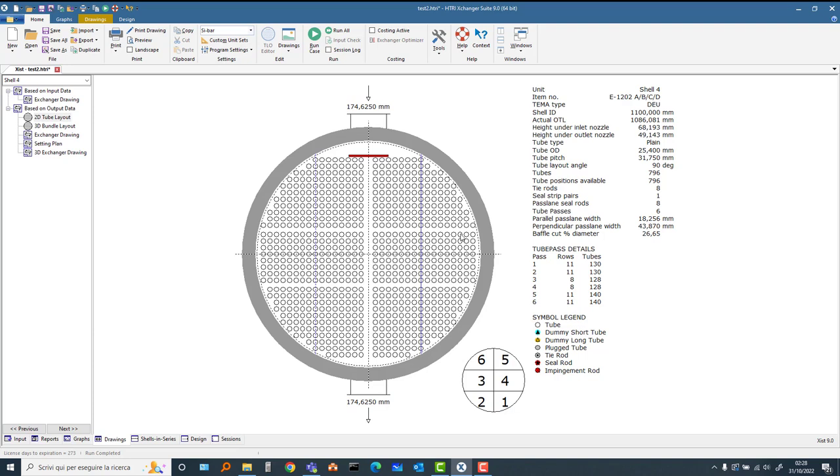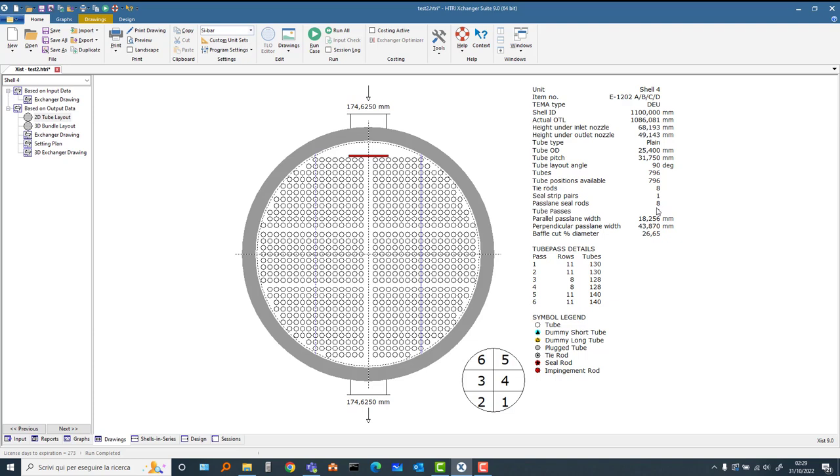With vertical baffle, on the contrary, we do not have the problem, because this is generally prevented by putting pass lane seal rods or sealing strip pairs. So we could find at least one more thing.